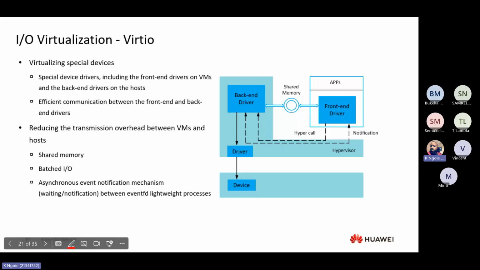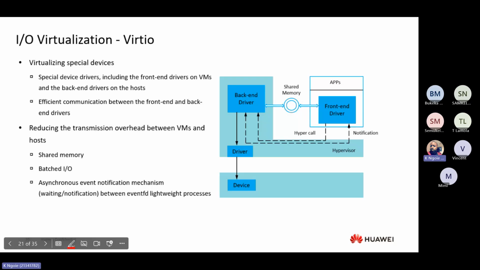In this case, we will use QEMU or KVM, which will provide a virtual device to the virtual machine. We have different devices. For example, you have what we call virtio-net, which is for the network. You have virtio-blk, which is for block storage. You have many other virtual devices that you can create.